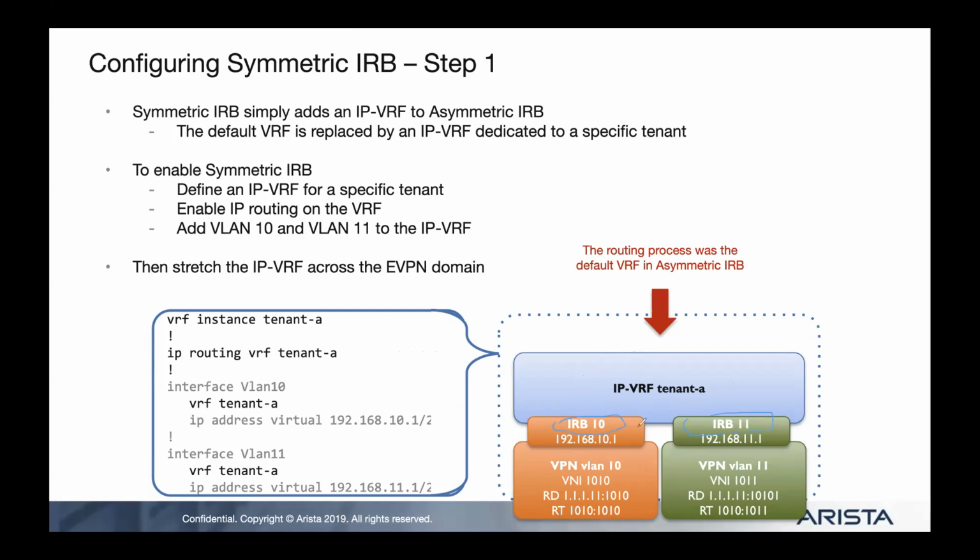Then you will configure both these SVIs into this particular VRF, let's say VRF A. So you first configure that VRF tenant A on your VTEP, enable IP routing for that VRF, and both your SVIs, VLAN 10 and 11, will be part of that VRF. So the basic configuration is that first of all you create one VRF which is present on all the VTEPs, activate routing for it, and all your VLANs underneath should be part of that VRF.